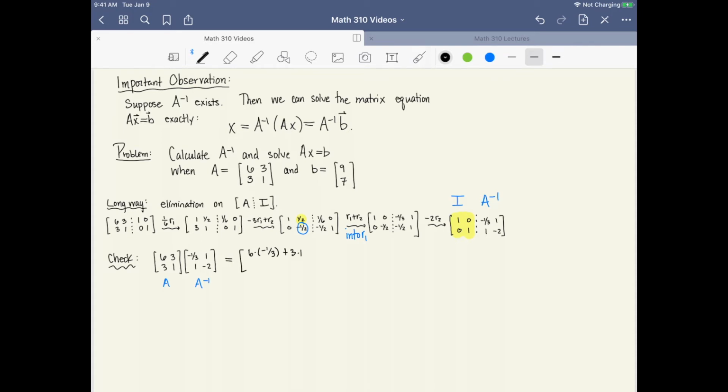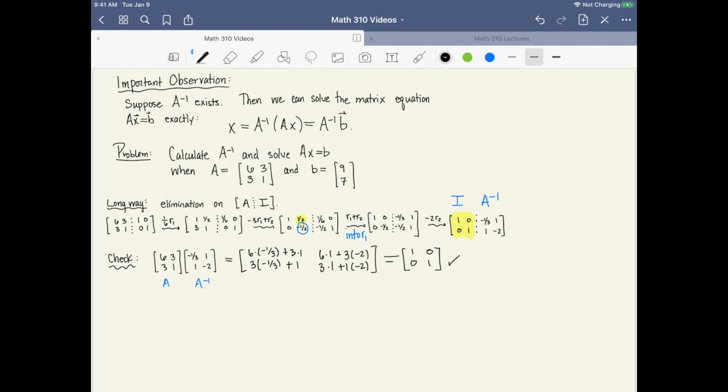In the second entry, I'll have a 6 times 1 plus 3 times -2. In the second row, I have 3 times -1/3 plus 1. And then for the last entry, I have 3 times 1 plus 1 times -2. And that becomes 1, 0, 0, 1. I do get the identity matrix, and so my calculation is correct.